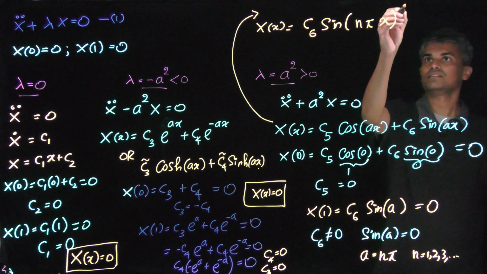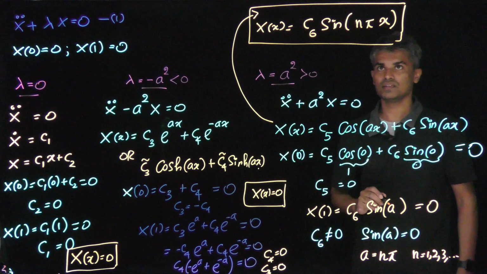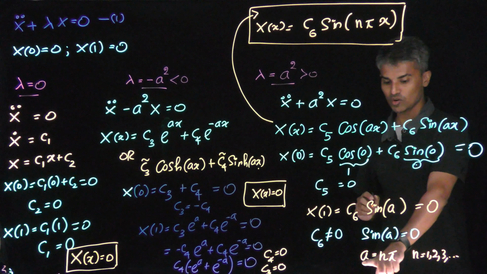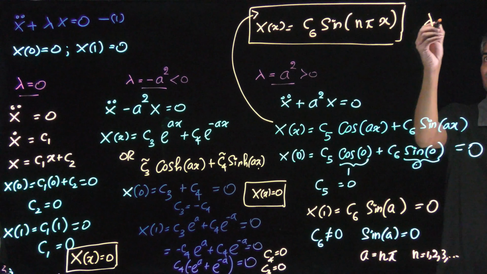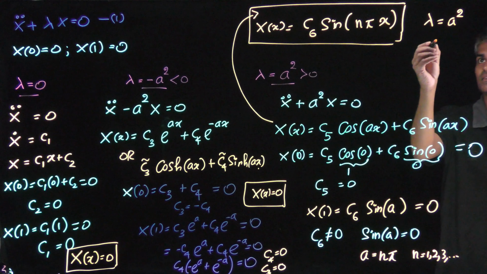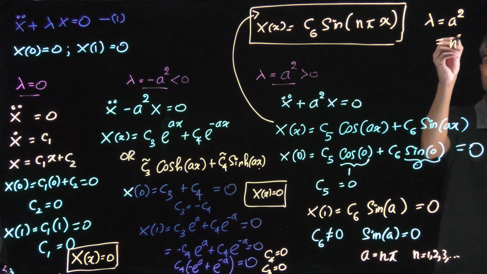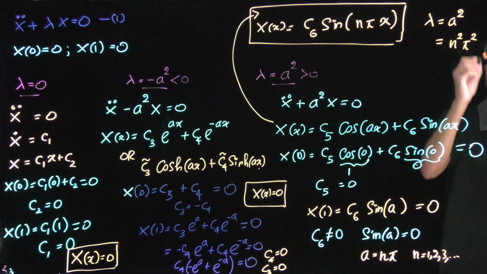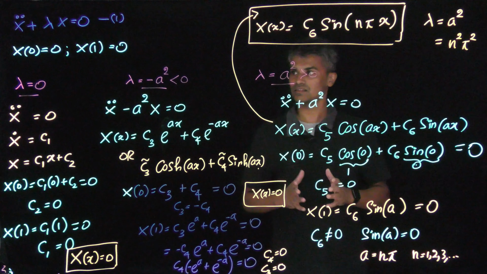Okay. And since we know the value of a, we can calculate the value of lambda. So lambda equals a squared, but a equals n pi, therefore lambda equals n squared pi squared. Okay. Great.